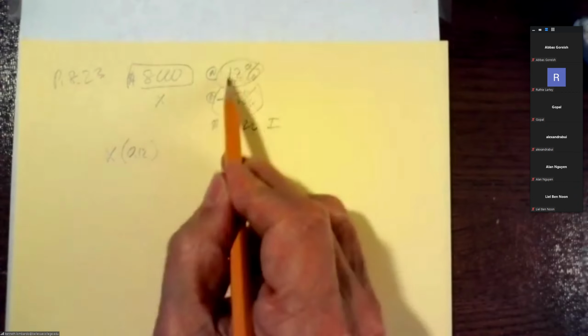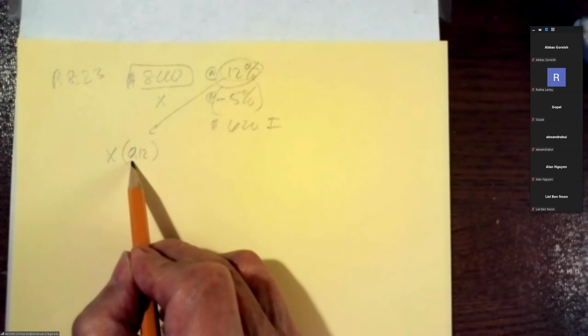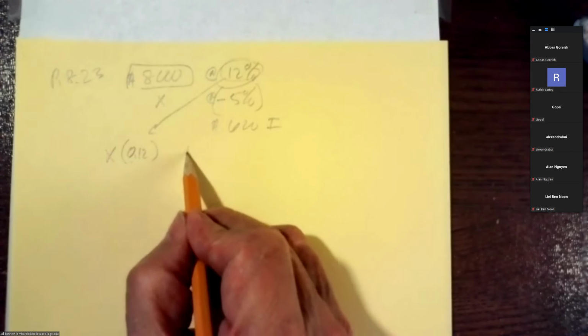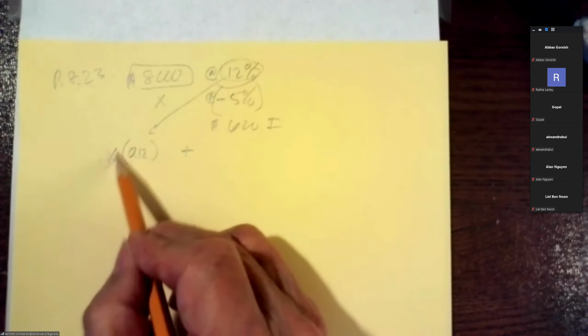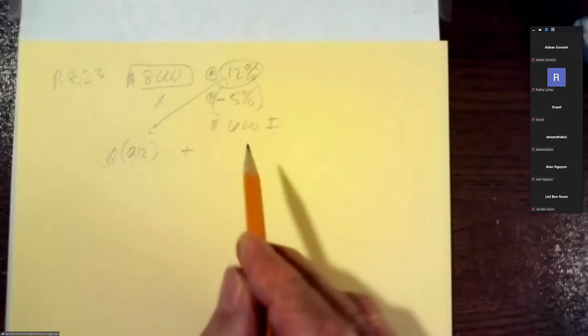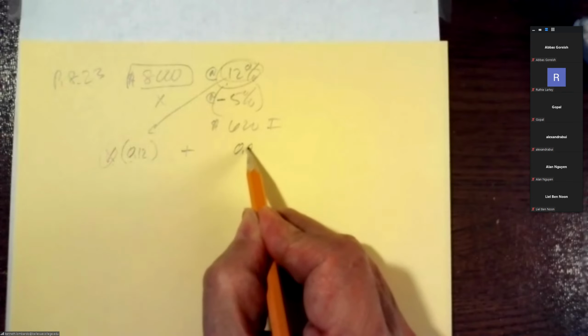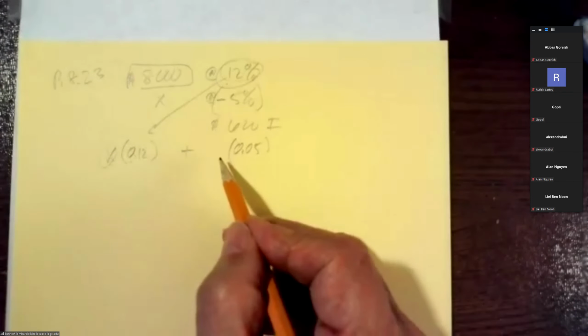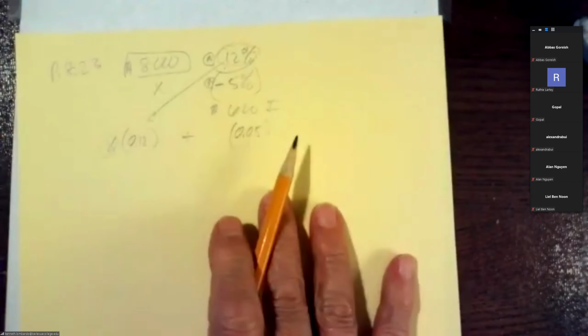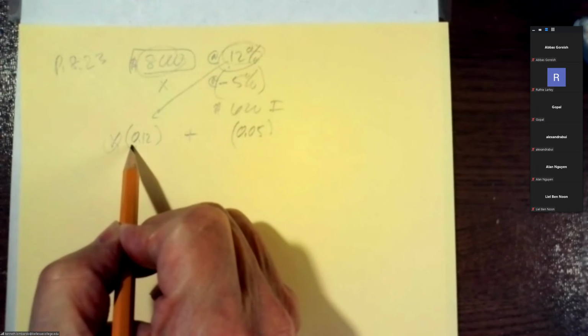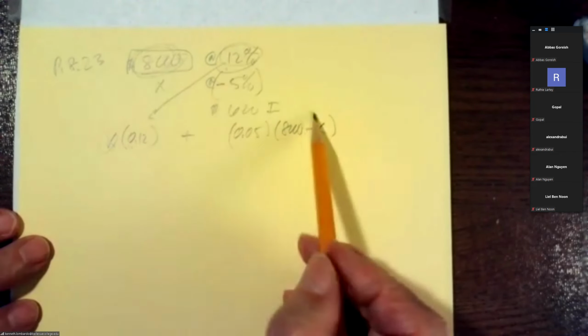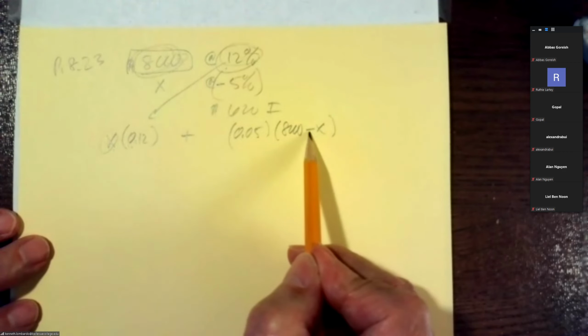We don't know how much. And then we also have the rest of it. If this unknown amount is invested at 12%, how much is invested at 5%? It's going to be this minus the X, isn't it? So that's going to be 8,000 minus X. We have total investment here. So whatever was invested at 12% was not invested at the 5%.